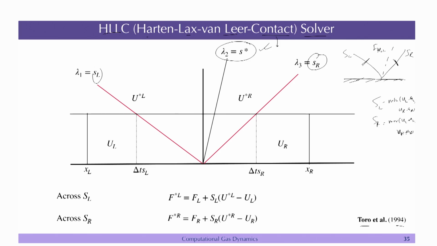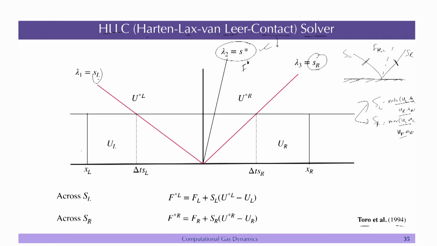In a similar manner SL and SR come from these kinds of definitions, and S star is something that you have to determine. You can also take Roe average quantities, as we discussed earlier, u hat minus a hat and u hat plus a hat. Now, how do we determine S star, and eventually what we want is F star.